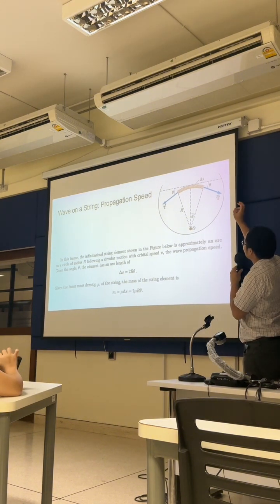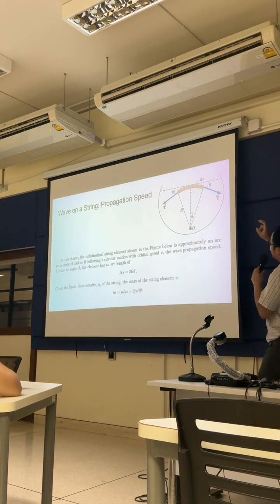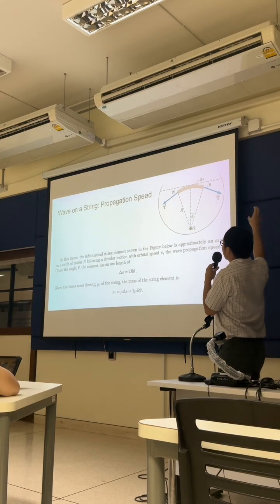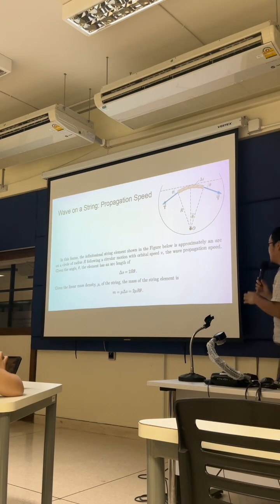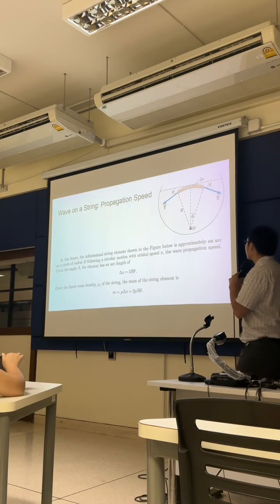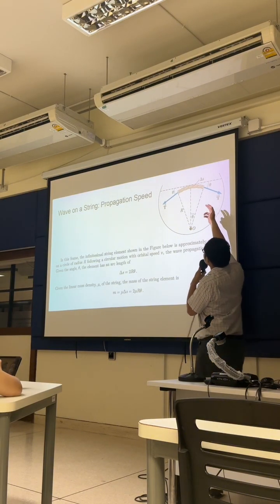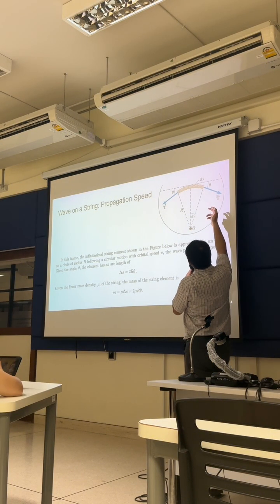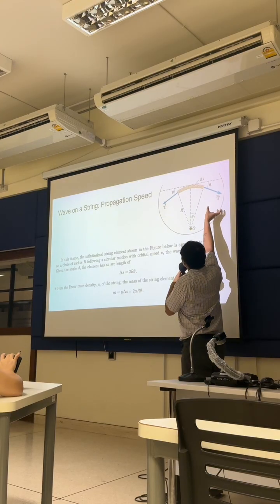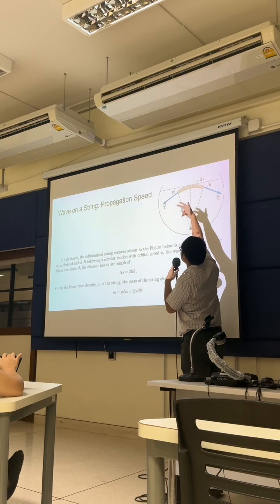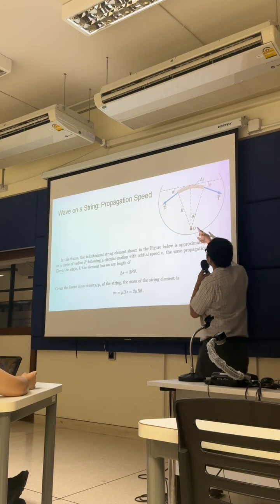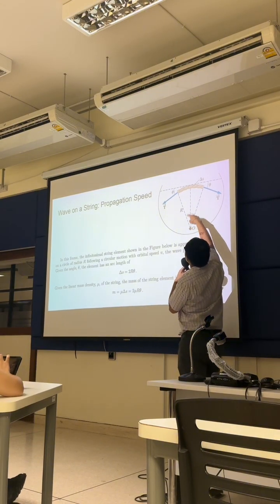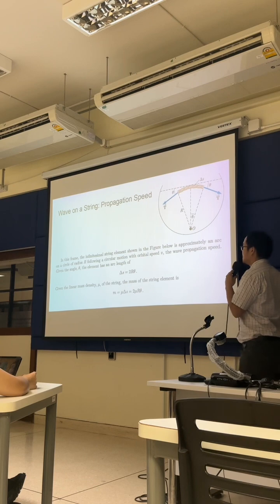Now, but we can try to work in the frame of reference where we are moving with the wave, and it is the string element that is moving backward. When we work in that frame, essentially what we see is that this string element is making a circular motion around a reference point O, which is a distance r away below the P, essentially.